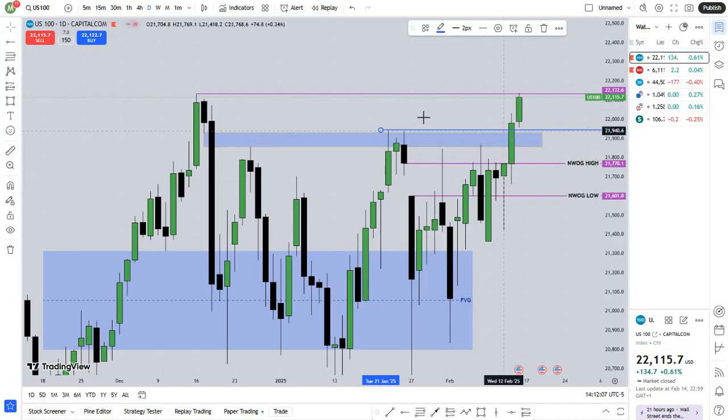But I stated there that I was looking for this buy side liquidity up here, and you can see that we have it here. I also stated that if we get real animated, I'll be looking for this high right here, that is 22,132.6. Check my last video, it was there, I stated it also. So having that stated, I think I'll just have to remove this.